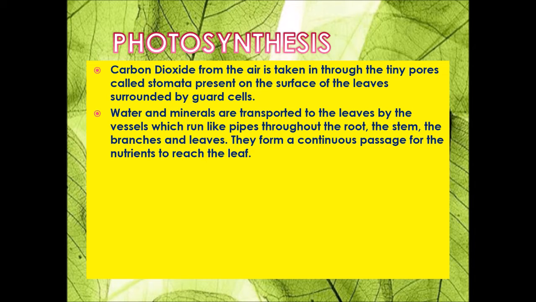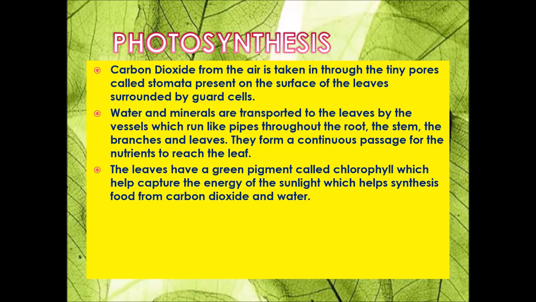Water and minerals are transported to the leaves by the vessels which run like pipes throughout the root, the stem, the branches and the leaves. They form a continuous path or passage for the nutrients to reach the leaf. They are called vessels. The leaves have a green pigment called chlorophyll. It helps leaves to capture the energy of the sunlight.